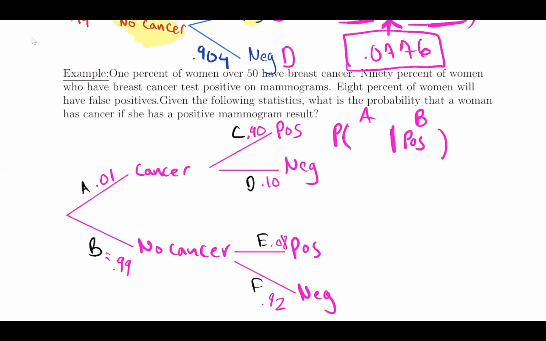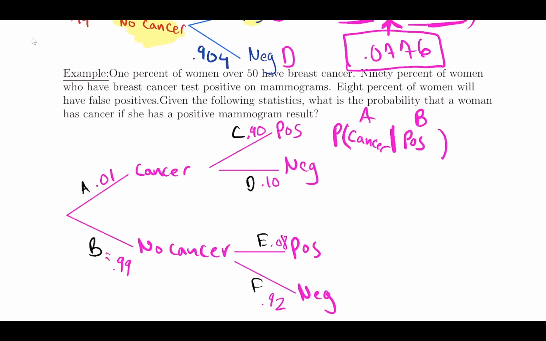And for this one, we want to put cancer in A. Just remember, anything that we don't know, you put before the given that symbol. Anything we do know, we put after the given that symbol.